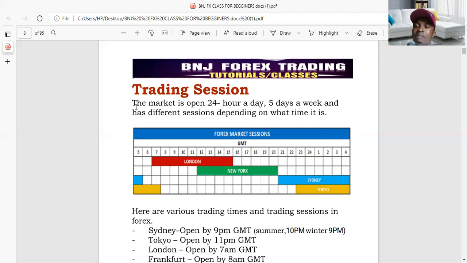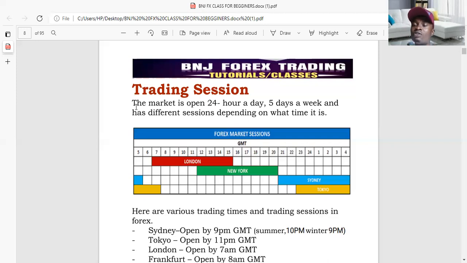And in our last class, we also said that the market is open 24 hours a day, 5 days a week, and has different sessions depending on what time it is. So for those of you that will be trading on a currency pair, you must understand that the market has sessions.